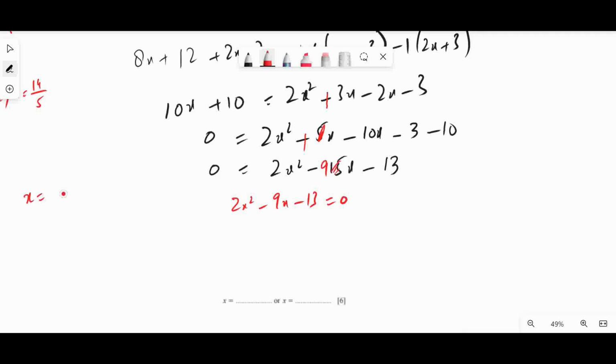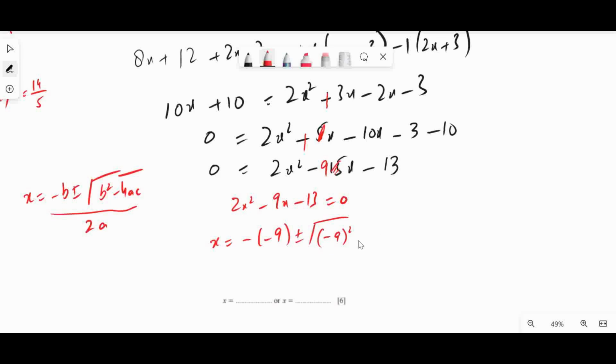So the quadratic formula is minus b plus minus square root of b square minus 4ac whole is divided by 2a. Now here x will be equals to negative 9 plus minus square root of b square minus 4ac, so minus 9 square minus 4ac, whole is divided by 2a.